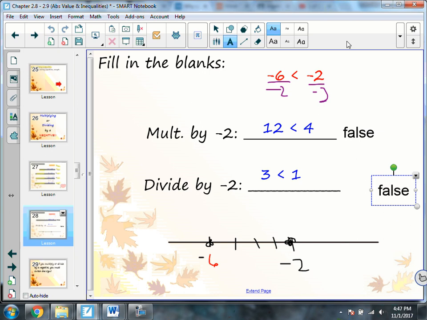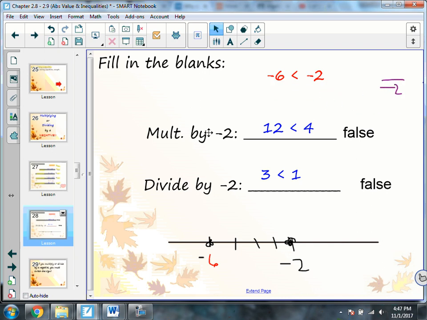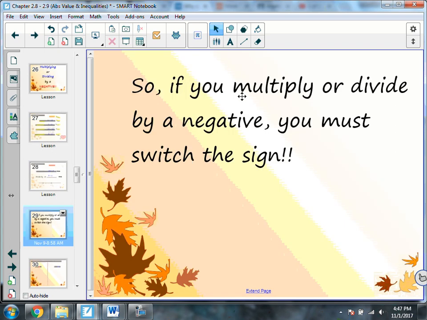So if I have an inequality that is true, and I multiply by a negative or divide by a negative, I get false statements. Therefore, if you multiply or divide by a negative, you have to switch the sign to make it true.